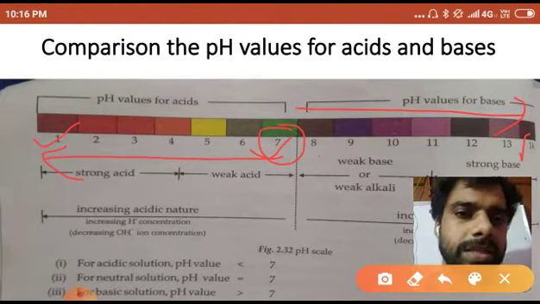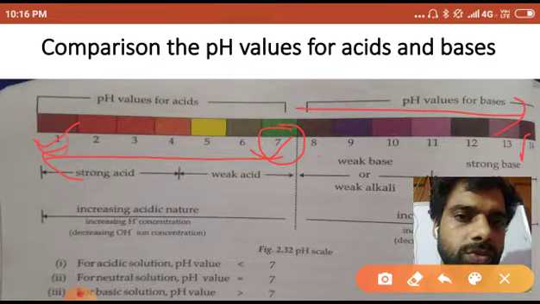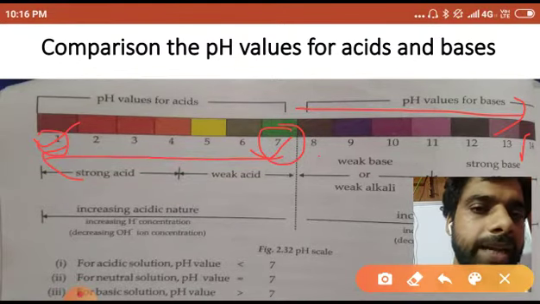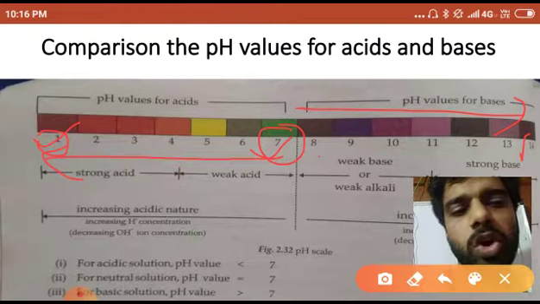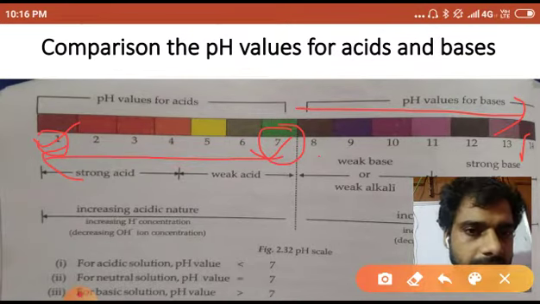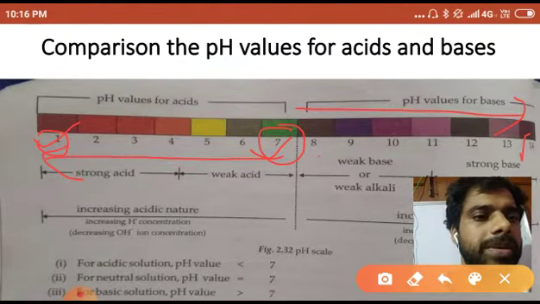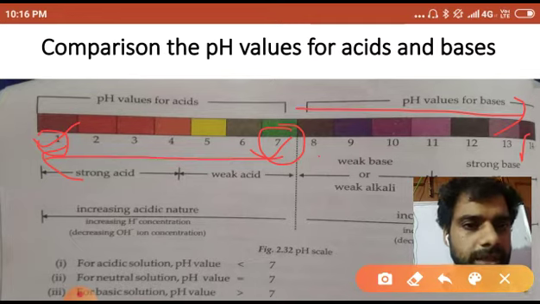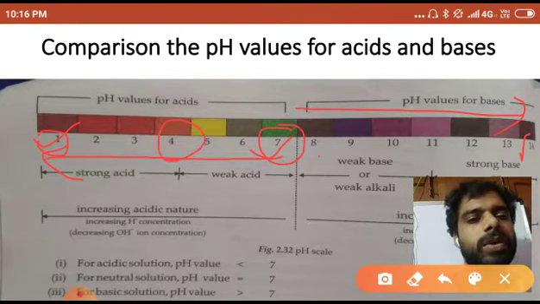So that means if I am considering this end, this is the place of a strong acid. But as I come in between, 7 is neutral, but what happens at 4?